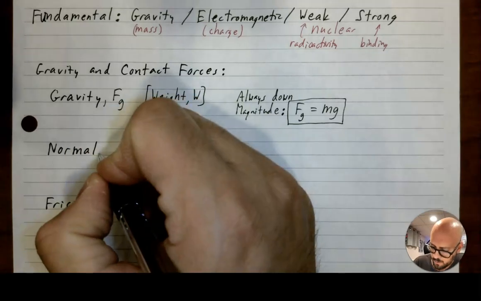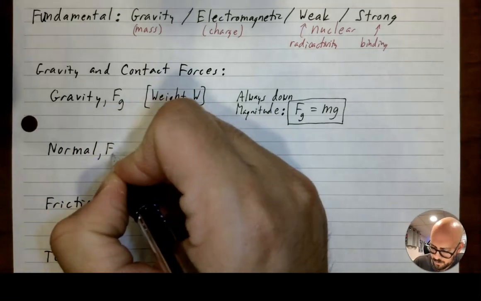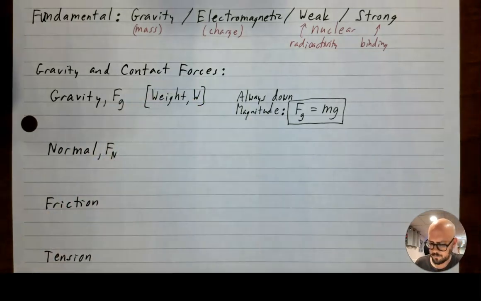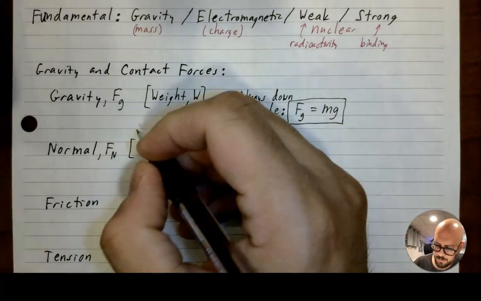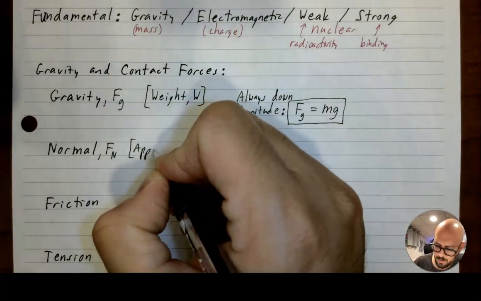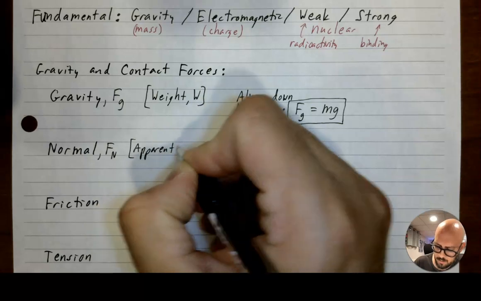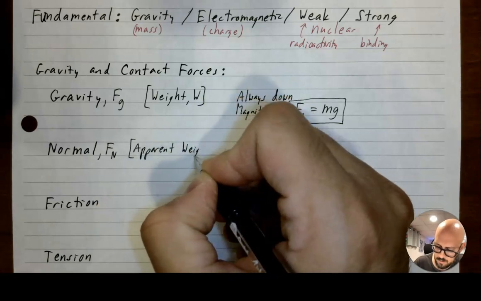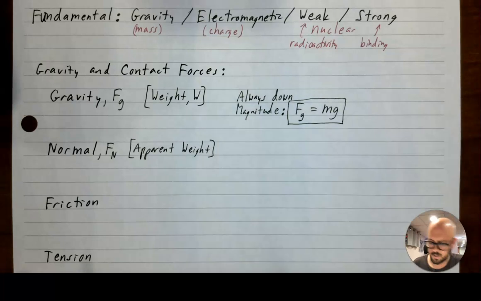Next up, we have the normal force. The normal force has a symbol of F sub n. The normal force is sometimes given the name of apparent weight. And so the normal force is often how heavy you feel when your body's doing different things, like going on a roller coaster or taking an elevator ride.